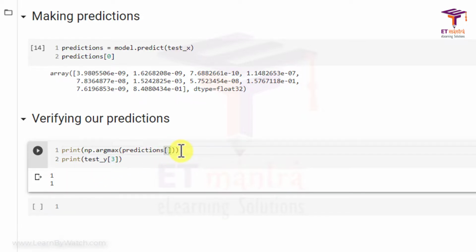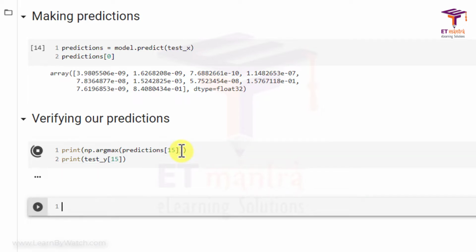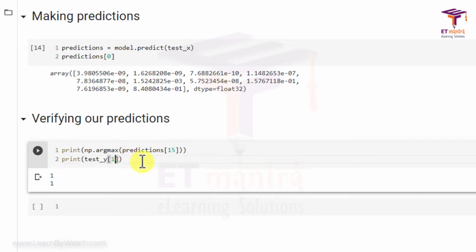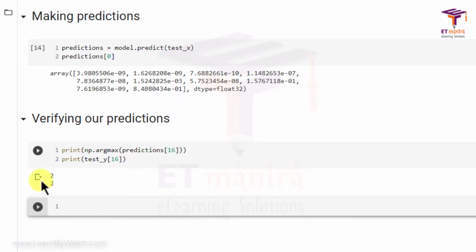Let us look at some other example. For this also it is the same. Let's look at something else. You can see that the accuracy is high, so most of the time we are predicting the right output.